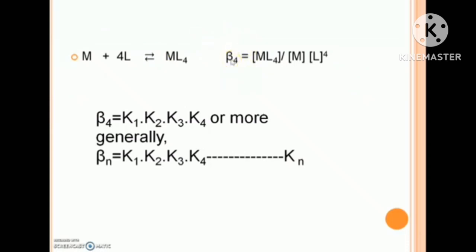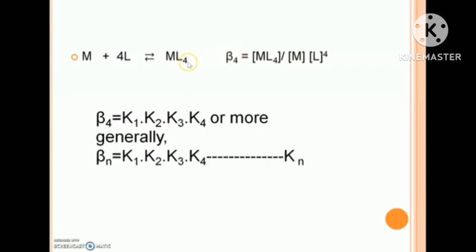This beta is called the overall stability constant. K1, K2, K3 are called stepwise stability constants, and if the reaction is written in a single step, then the whole stability constant is called the overall stability constant, and we write it in terms of beta.